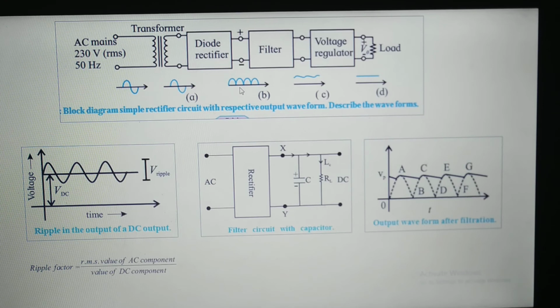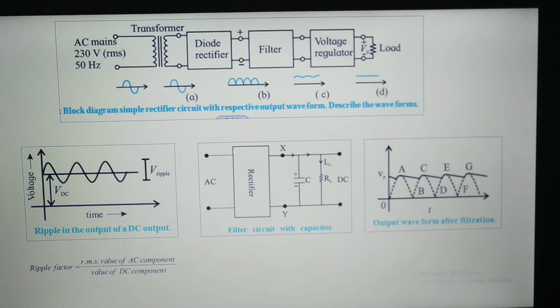It is called ripple. And the ripple factor decides the effectiveness of a rectifier. The higher the ripple factor, the less effective the rectifier is. We want the ripple factor to be very small, then only can we say the rectifier is very good, or its effectiveness is very high.